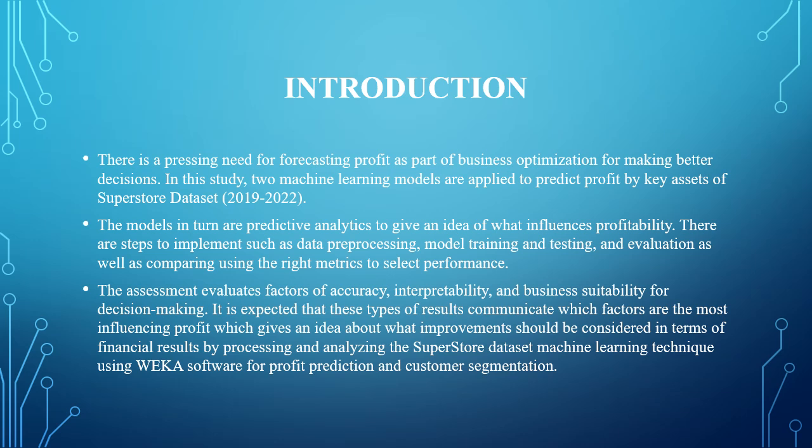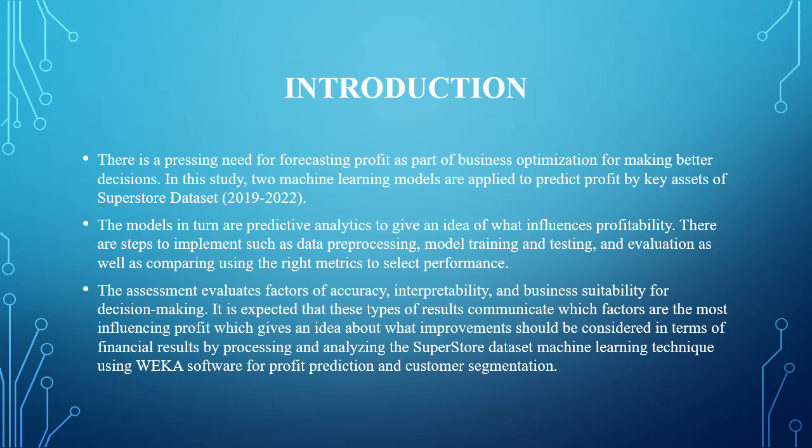The steps implemented are data processing, modeling, training, testing and evaluation, as well as comparing using the right metrics to select performance. The assessment evaluates the factors of accuracy, interpretability, and business stability for decision making.